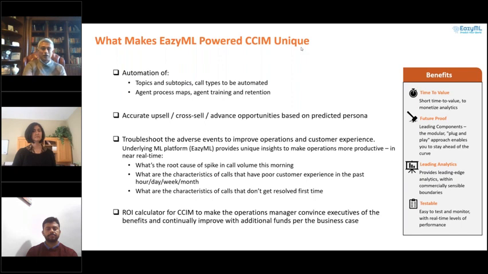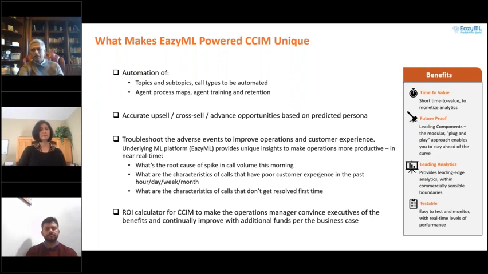Maybe the last bullet point is most important. Save the best for last. ROI calculator, right? All of us recognize that unless you have the ability to convince up the executive chain that here's how the investment has led to ROI, the ability to draw more capital to continue to incrementally improve it is limited. And so that's the summing it up.